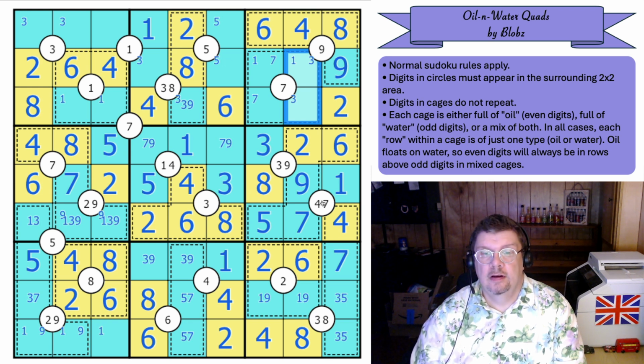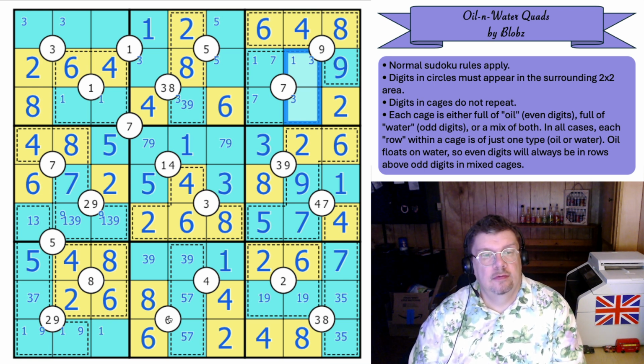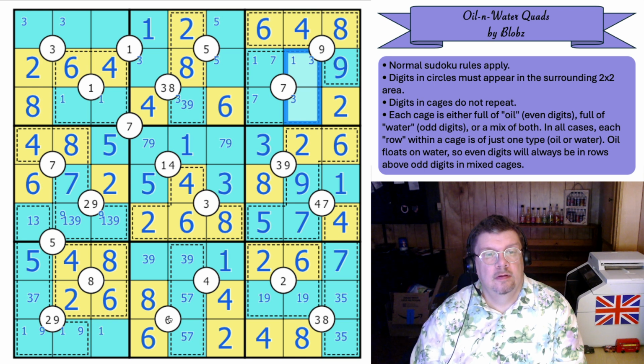Is there a clue that I'm missing something from? Or is it all down to sudoku now? There's this clue, still needs its 7 fulfilled.